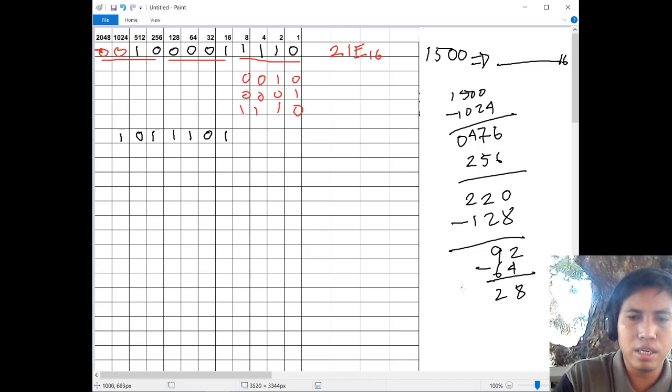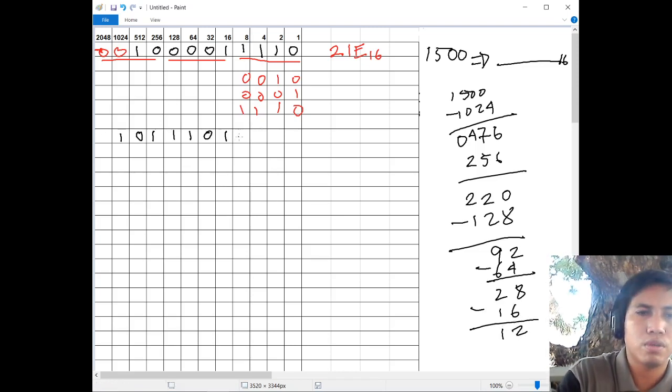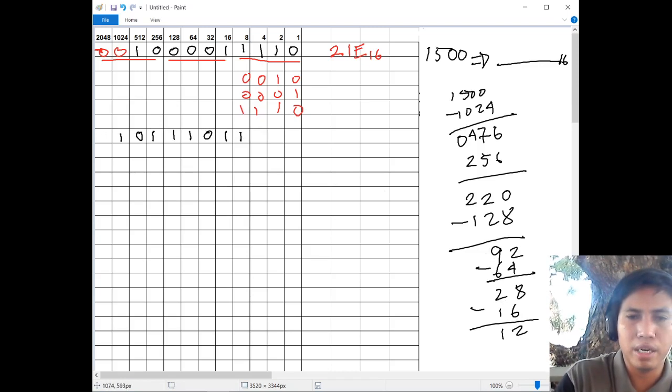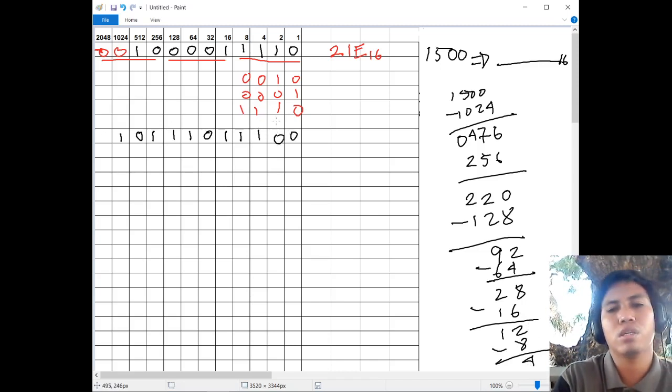So minus 16, that would be 12. Okay, so 12. So 8 is lesser. So this is 1. So minus 8, that would be 4. Then we have the digit 4 remaining, that would be 1, and the rest is 0.